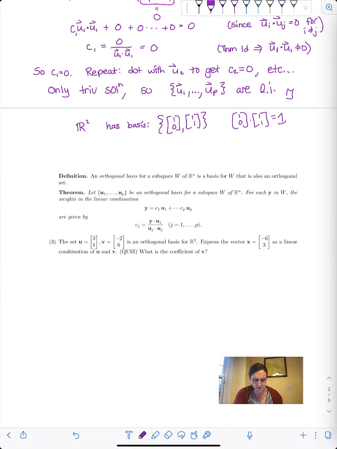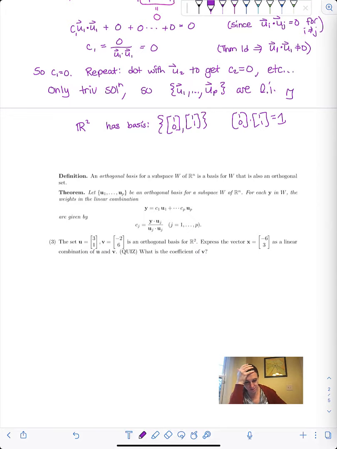Here's a nice theorem that tells us if we have an orthogonal basis, we have a shortcut for how to find the coefficients when we want to write a given vector within our basis. Let's go ahead and try that calculation. It has to do with these dot products.